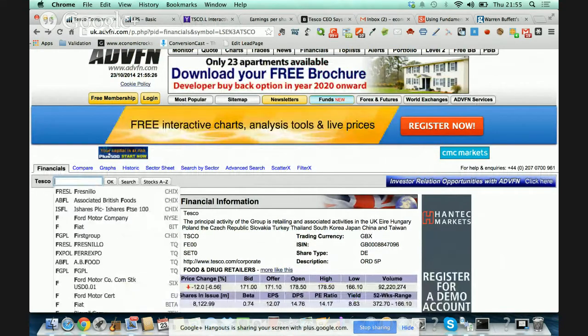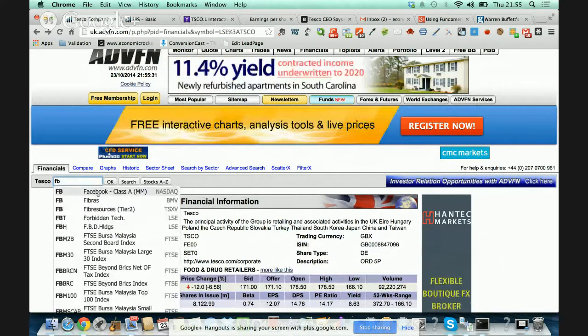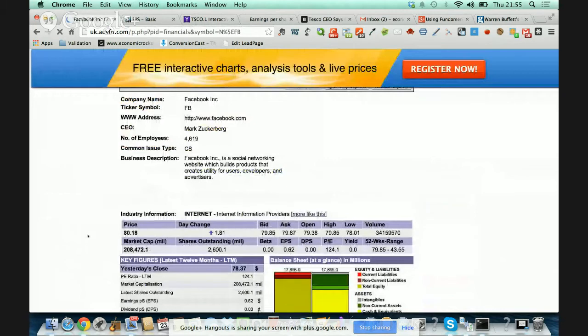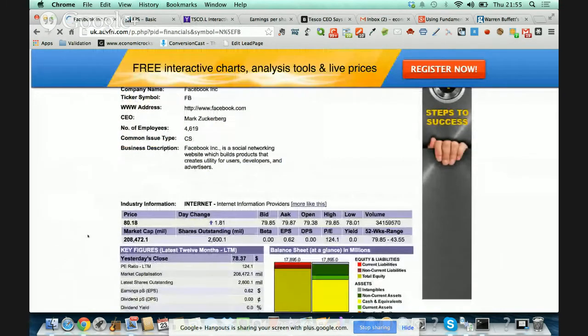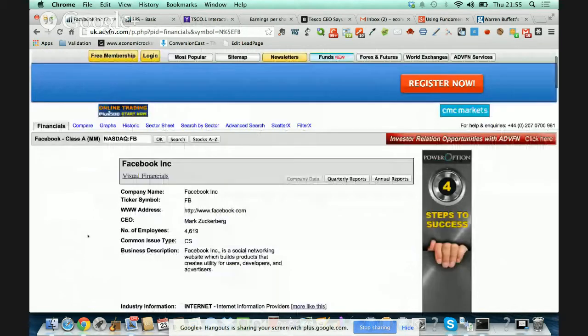Let me just see if we have something different on Facebook, because I may be picking someone like Facebook. If it can give us some information, it might be a good idea to do this, and I'll do it quite briefly, only because Facebook and Tesco are totally different companies.